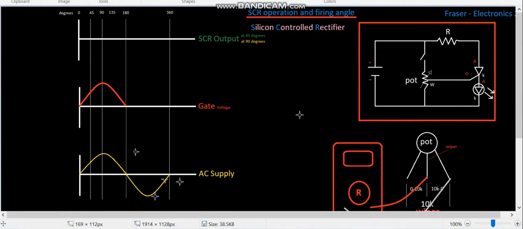So I've got gate current on the positive cycle, and in your lab, you're going to have a diode to be able to stop that current going to the gate like this, right? Because normally you would have gate current like that going to the gate, but we're going to put a diode in there.